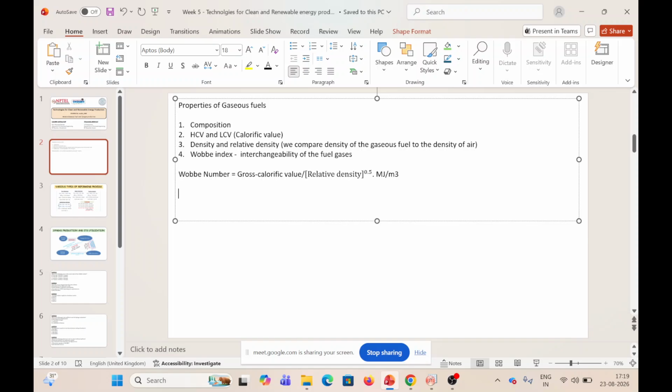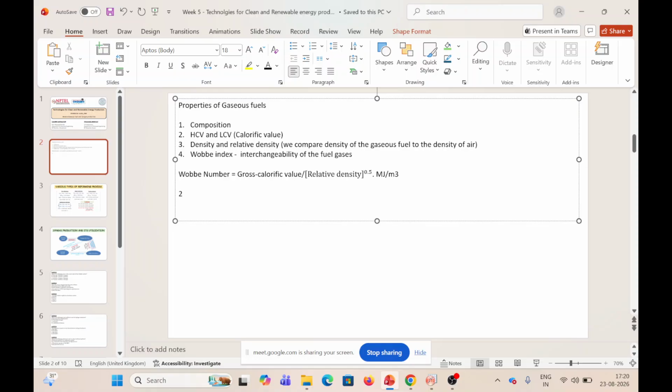For any two fuels which have the same UB number, with similar valve settings and given pressure, the energy output you can expect from these two fuels is going to be the same.